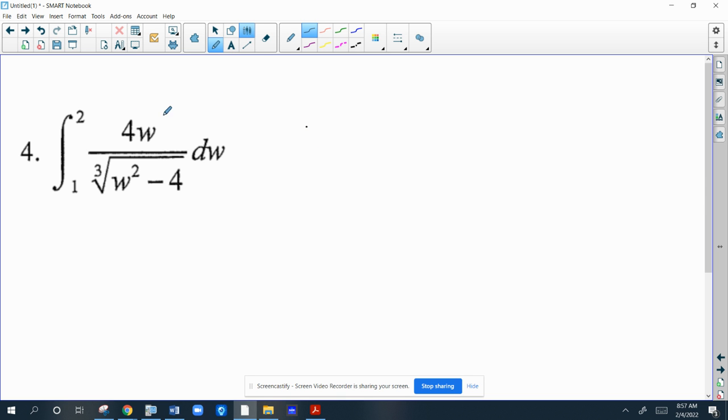So since 2 is the problem, that's going to be a vertical asymptote. And we're trying to integrate this from 1 to 2. It doesn't really matter what the function looks like, but it does matter that we can see that there's a vertical asymptote. We're going to take the limit. 1 is fine.